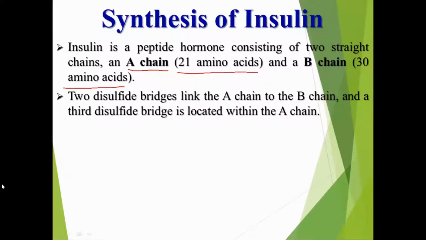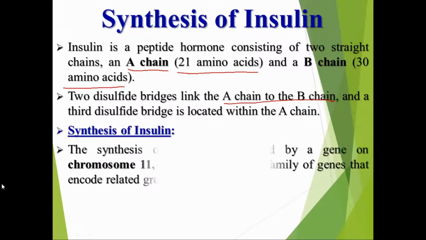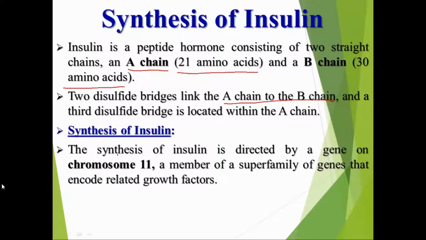Two disulfide bridges link the A chain to the B chain, and a third disulfide bridge is located within the A chain. The synthesis is directed by a gene on chromosome 11, which is a member of a superfamily of genes that encode related growth factors.